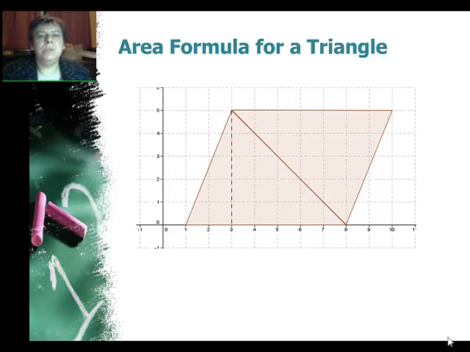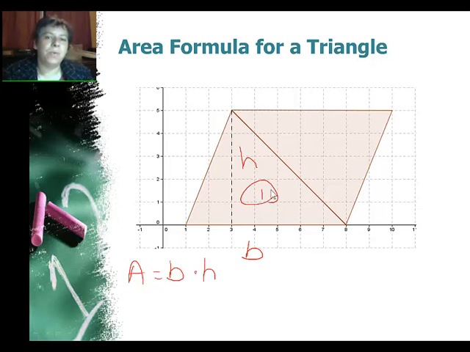So using the formula for the area of a parallelogram, here's my height, and the base is this distance right here. So the total shaded area here will be just area equals base times height.